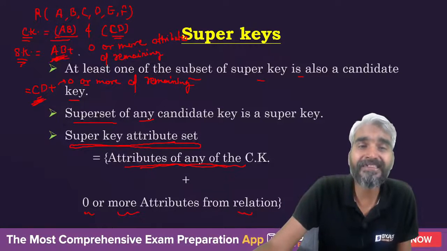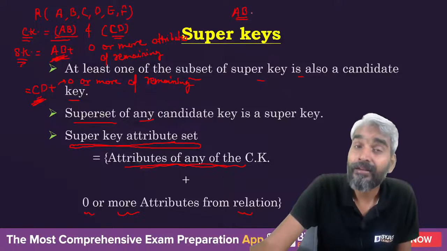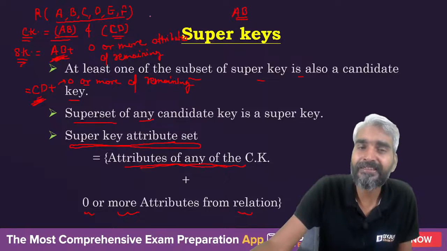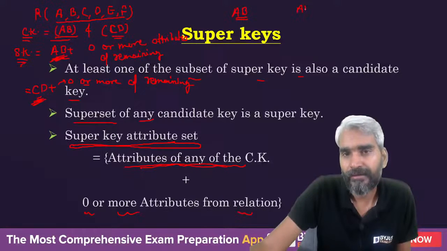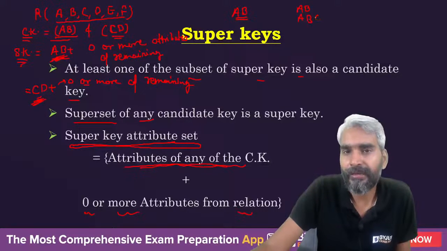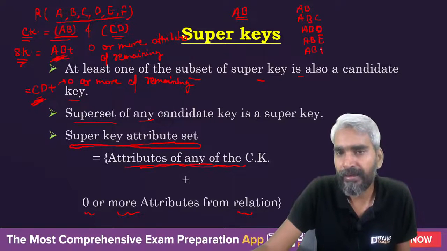So if you know AB is a candidate key, then what are the supersets of AB with respect to these elements? AB will be a superset of itself. Apart from that, ABC, ABD, ABE and ABF will be supersets.